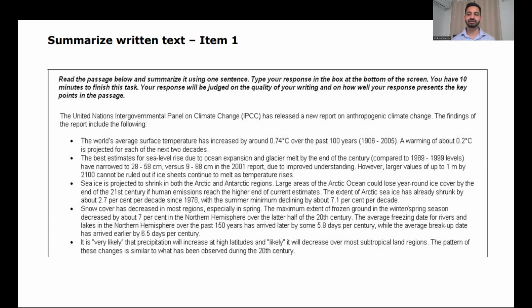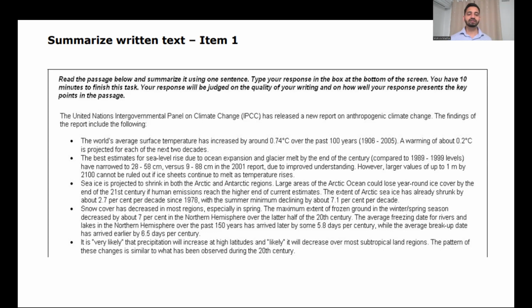The average freezing date for rivers and lakes in the Northern Hemisphere over the past 150 years has arrived later by some 5.8 days per century, while the average breakup date has arrived earlier by 6.5 days per century.